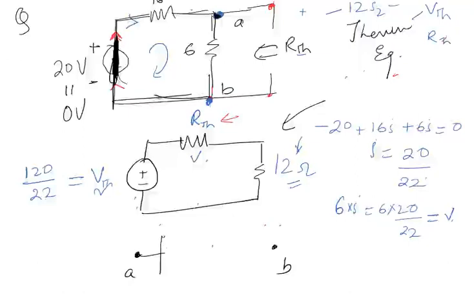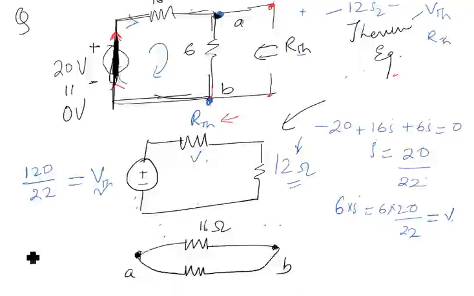So at point A, there is a resistance of 16 ohm and it goes to B, right? And from A to B, there is also a resistance of 6 ohm. I have to calculate RAB. So how do you calculate it? These two resistances are connected in parallel, right?